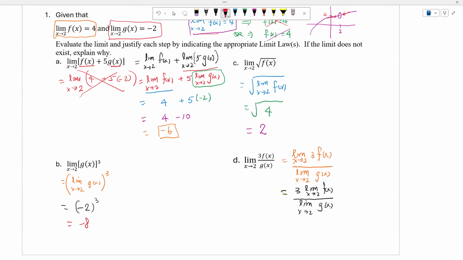And the answer is 3 times 4 divided by -2. My answer will be -6. So this is how we use the limit laws to help us evaluate the limits.